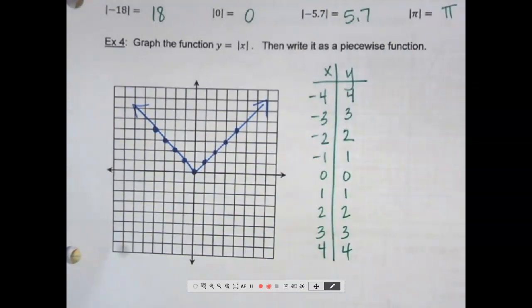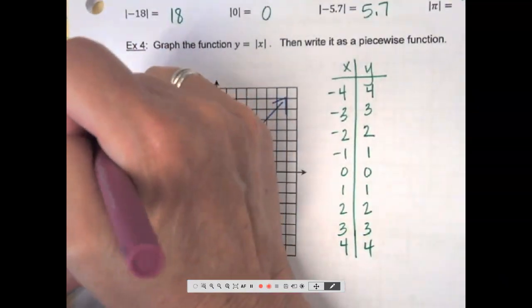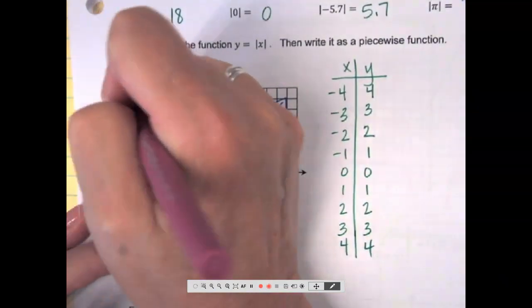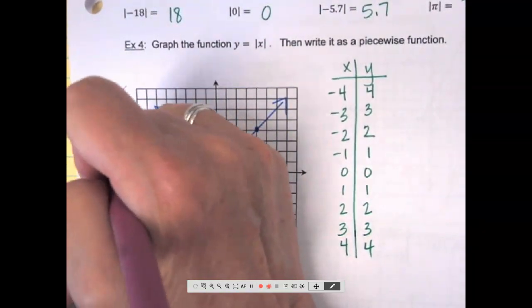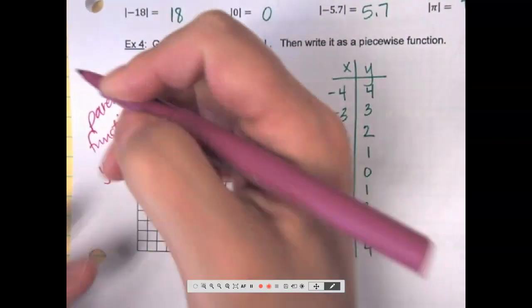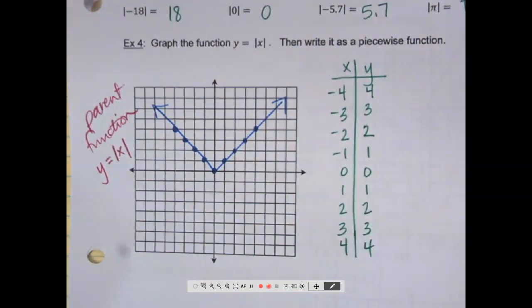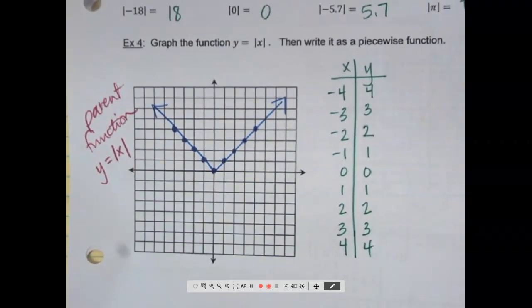This is the parent function of y equals absolute value of x. So this is the plain old vanilla. Nothing's been done to it. Nothing fancy about it. As simple as we can get it, that's what the absolute value graph looks like.